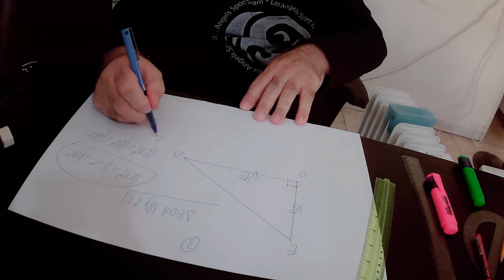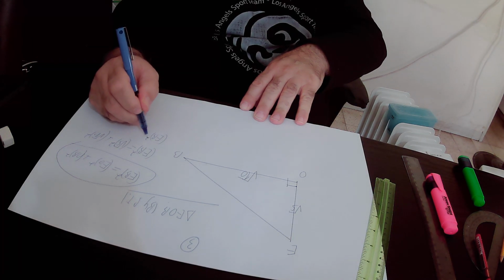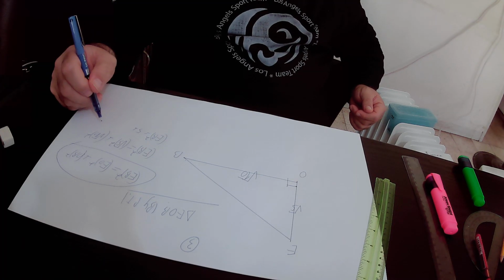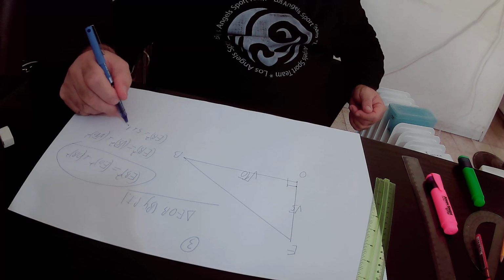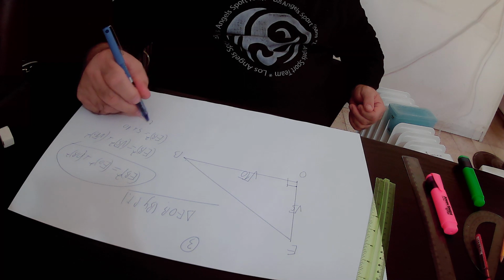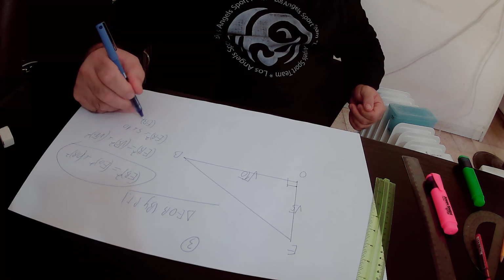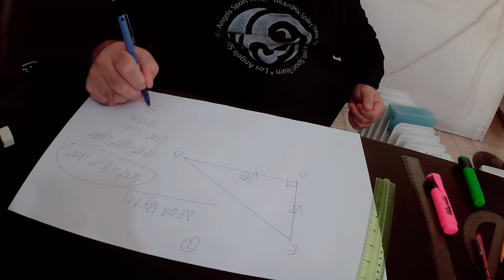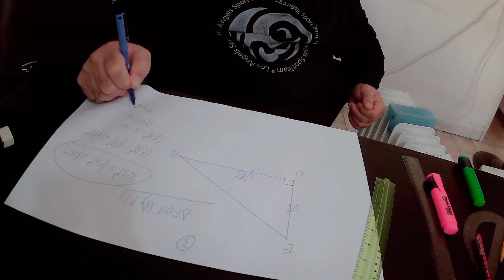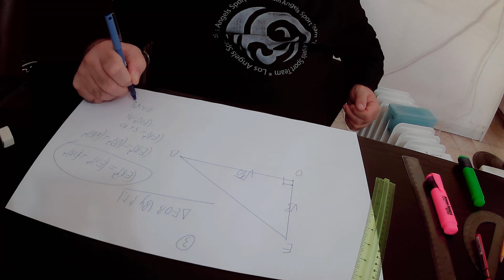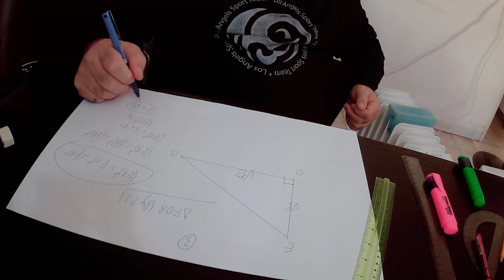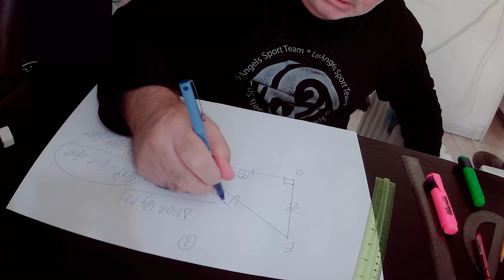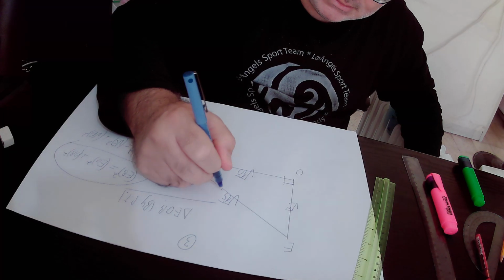So EB squared equals 5 plus 10. So in conclusion, we found out that EB squared equals 15. We take the root of this equation and find that EB equals the square root of 15 units, that is to say the hypotenuse EB of the right triangle EOB equals the square root of 15 units.